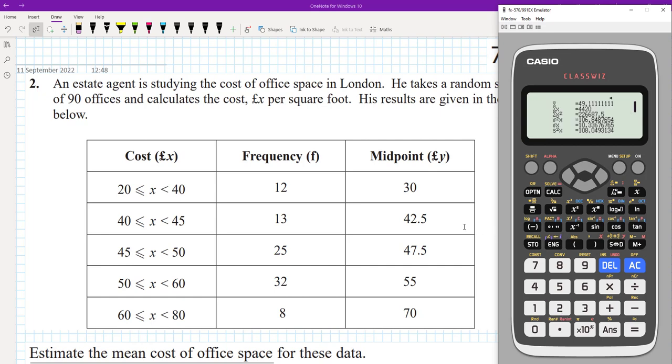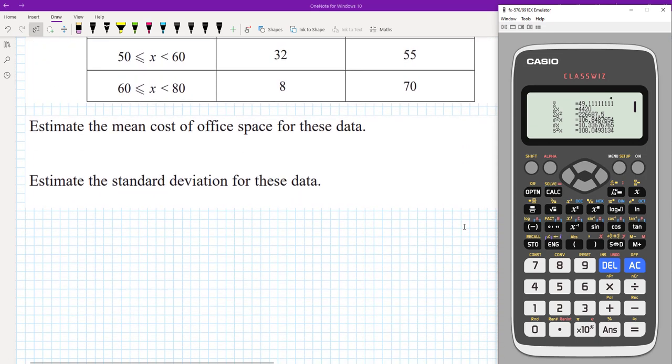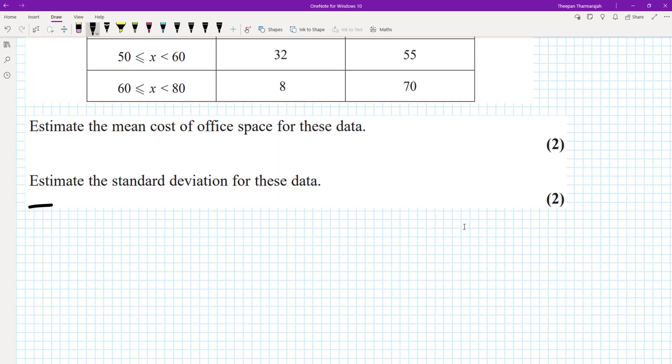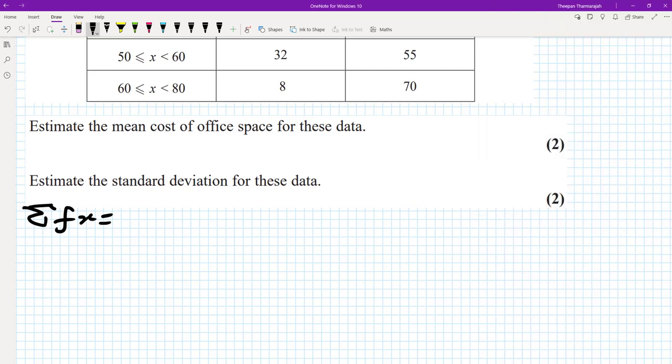So we want the sum of fx, which is 4420. Let's write that down. The sum of fx is going to be 4420. We need the sum of fx squared.